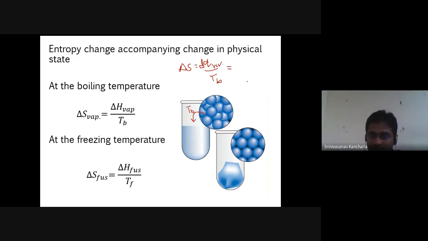Here all these things we are doing at constant temperature. So dq reversible, can I write it as delta H vaporization?